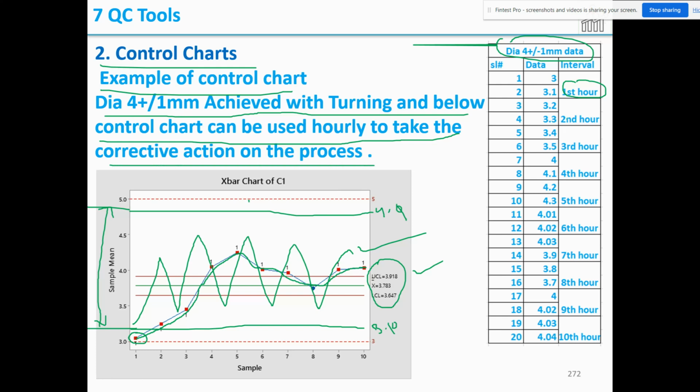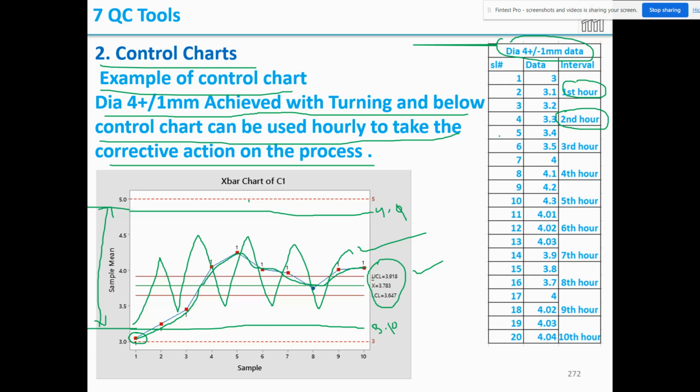So, in this case, they have collected the data hourly, 2 parts or 5 parts. Then average of that will be plotted on the graph within the control limits. See, when you use a Minitab, it will give very constrained control limits. That is not possible in the reality. So what you can do is you can select the specification of the dimension, whatever the tolerance is given in the drawing.